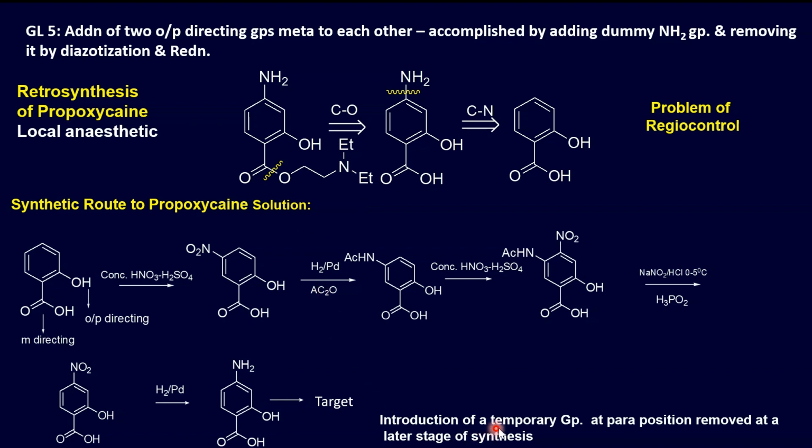We introduce a temporary group at the para position to the OH and then remove it after adding the amino group at the right position. This is how we accomplish the attachment of two ortho para directing groups meta to each other.